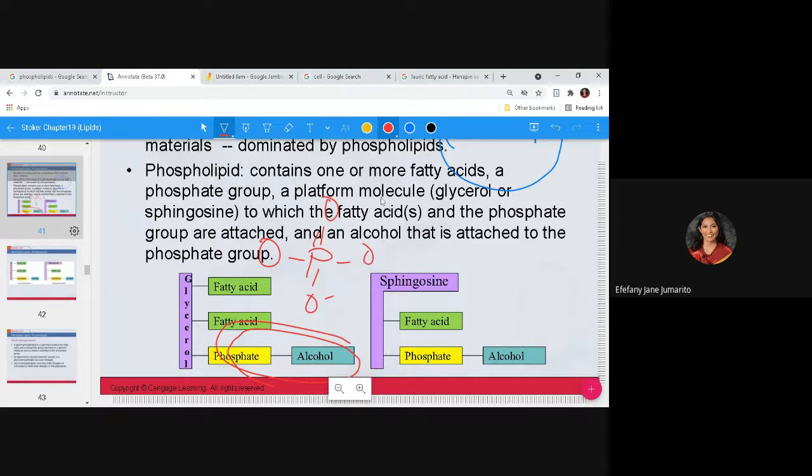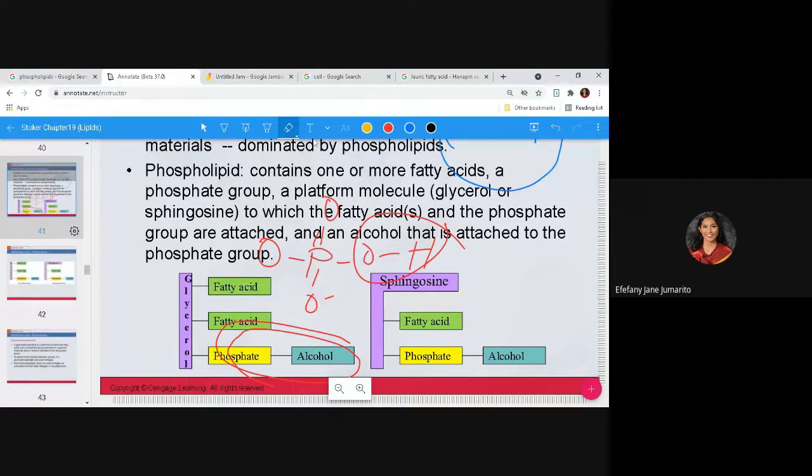So that is your phosphate, and it has a lot of oxygen. And the alcohol, this is your alcohol, makes our phospholipids polar. Unlike our micelle, where the carboxylic acid makes it polar, and in your fatty acid, it is also the carboxylic acid.